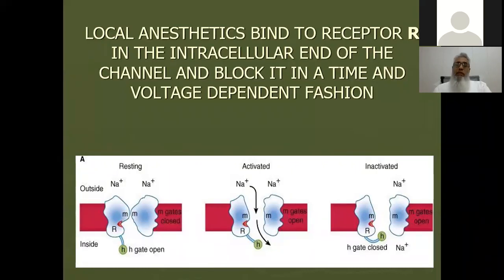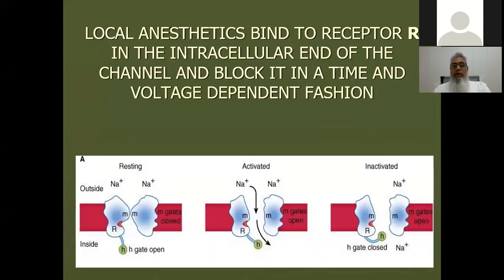Whenever any chemical, mechanical, or electrical impulse is given, there is a sodium influx causing depolarization from minus 70 millivolt to minus 55 millivolt. This minus 55 millivolt is the threshold of excitable tissues, the axons.